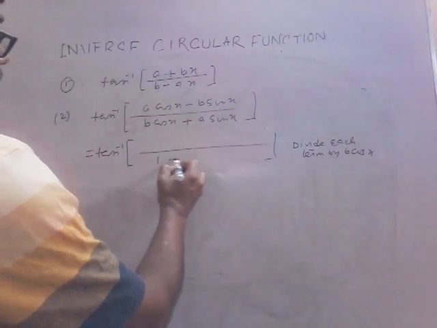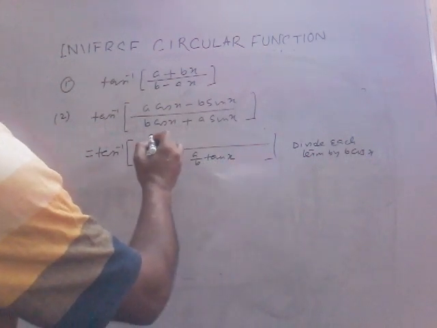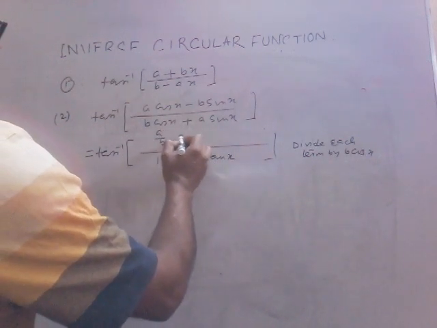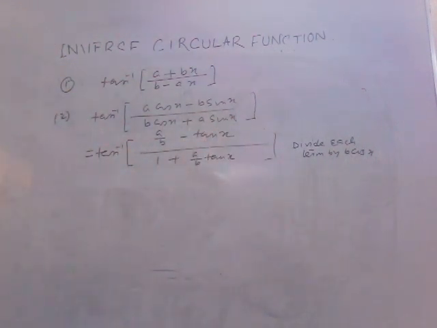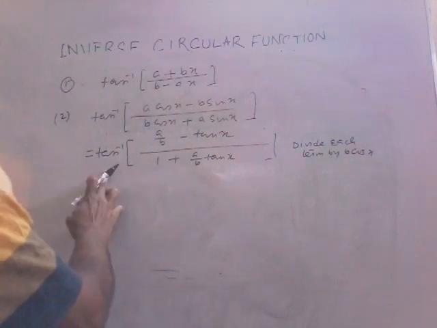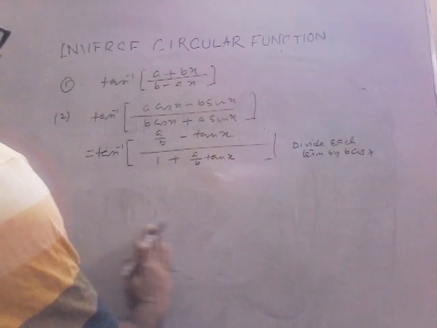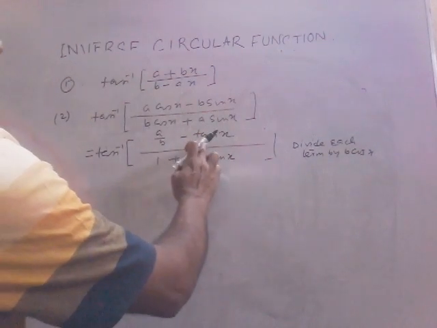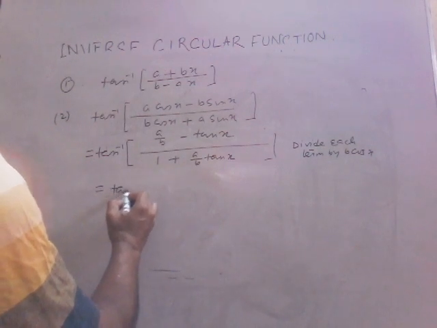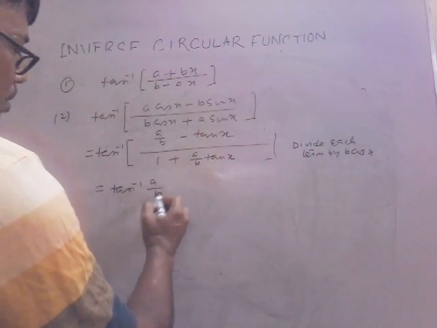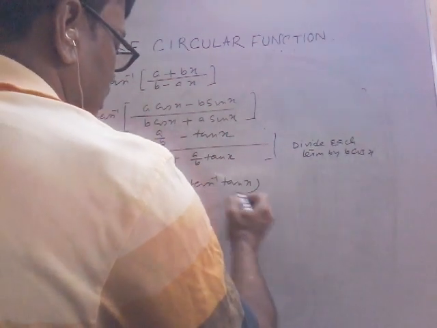So this is 1, a by b tan x, this is a by b minus tan x. So look at the formula, tan inverse of x minus y by 1 plus xy. So what is x? a by b. What is y? tan x. So this is the formula of tan inverse a by b minus tan inverse tan x.